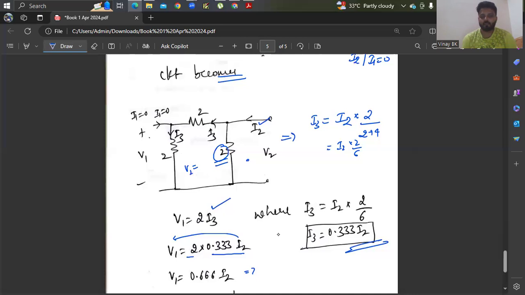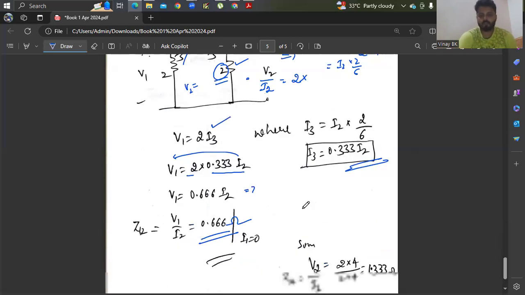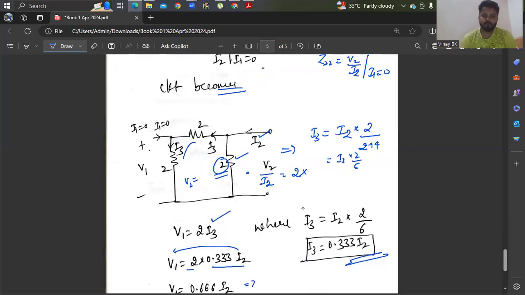V2 by I2 ratio. So V2 by I2 ratio is nothing but, just write the voltage divider rule, that is voltage across 2 ohm, 2 into, sorry, 2 divided by 2 into 4. These two are parallel. V2 is nothing but the resistor.